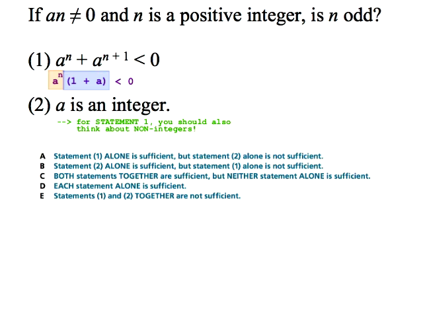The more obvious way to do it is to do what Abby is saying, which is that you can make the A part negative. So then wait a minute, what about the 1 plus A?